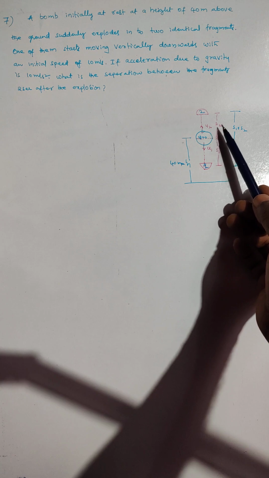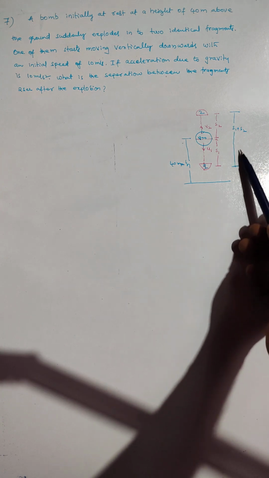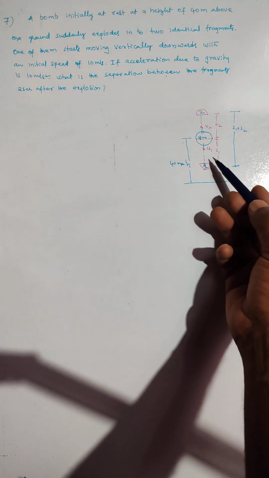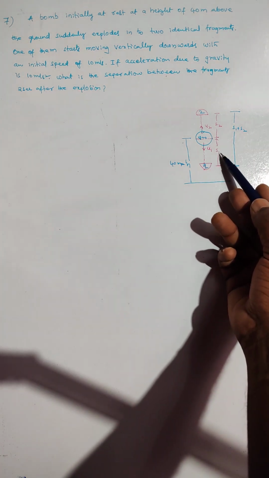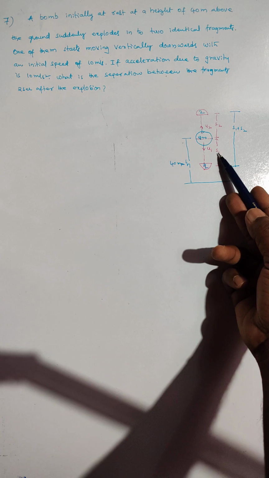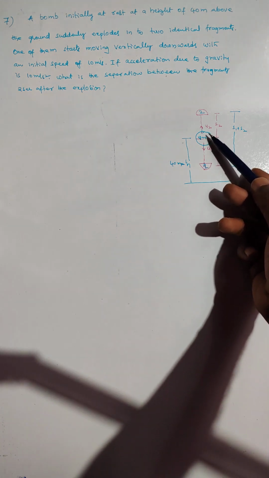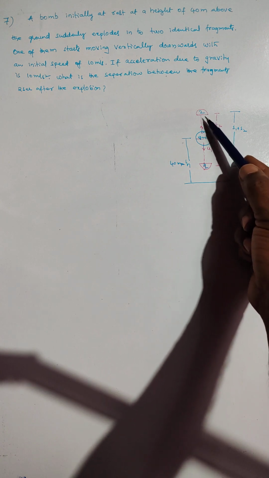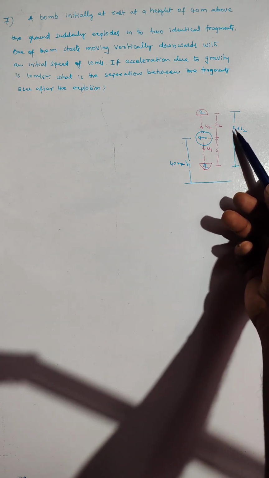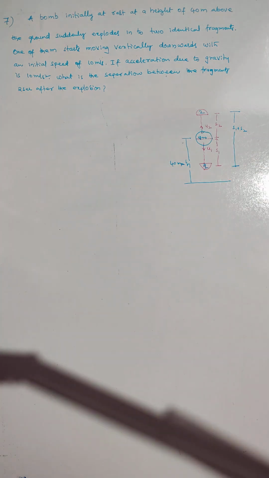After calculation we get S1 plus S2, that is the distance between fragment 1 and fragment 2. So S1 plus S2 is nothing but our distance between the two fragments.